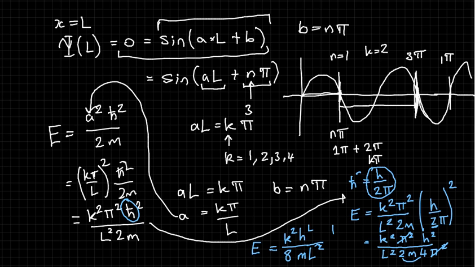And the reason we did this was to remove this pi squared, so that we have the least number of variables in our last result, and so we're left with k squared h squared over 8, because we got 2 times 4, m L squared. And this here is the solution of the energy for a particle in a box, which is really great.